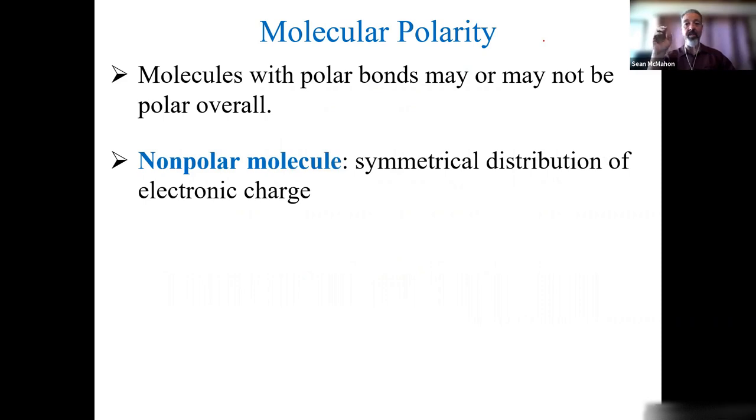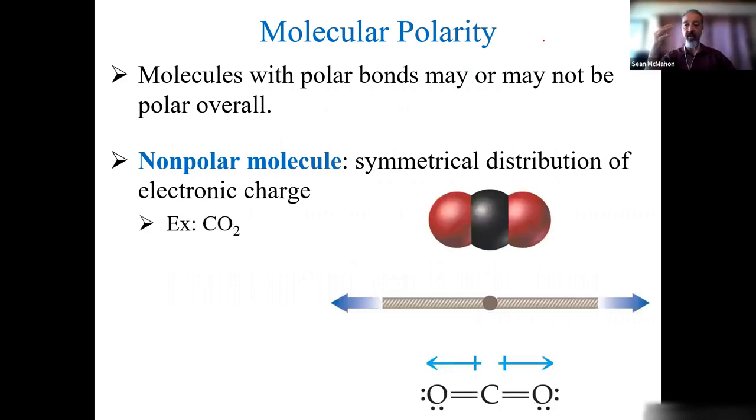Nonpolar molecules will be symmetrical. So you have to look at the symmetry of the molecule. So remember CO2. This carbon-oxygen bond is polar. Oxygen's 3.5, carbon's 2.5. It's a difference in electronegativity of 1. That's more than 0.4, but less than 2.0. That's polar covalent.